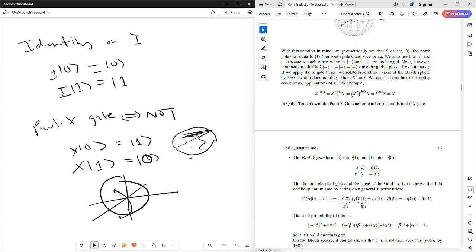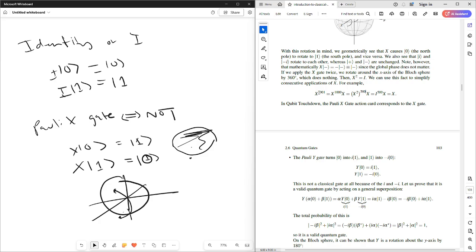But we can generalize into, let's say we have an even number of X gates. Well, then we'll just wind up back where we started. If we have an odd number, they extrapolate that here. It's simply 500 double X gates.